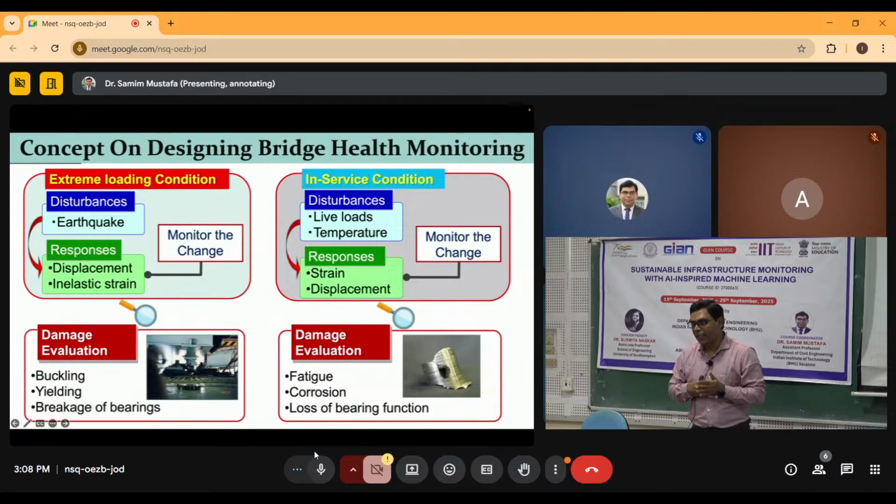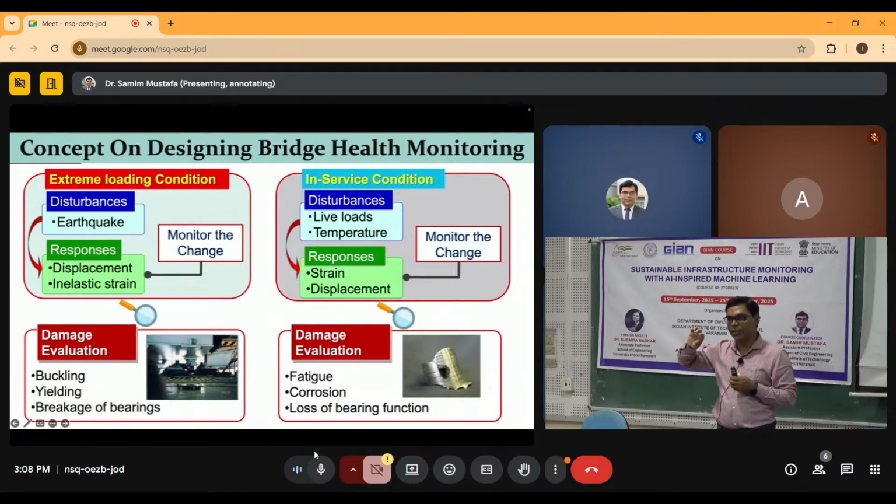That means we did not allow the structure to go to the non-linear stage. Now, because of the reinforcement and other things, we have that kind of trust or confidence in the structure that it can go to the non-linear stage, because we are using steel, which is a ductile material.